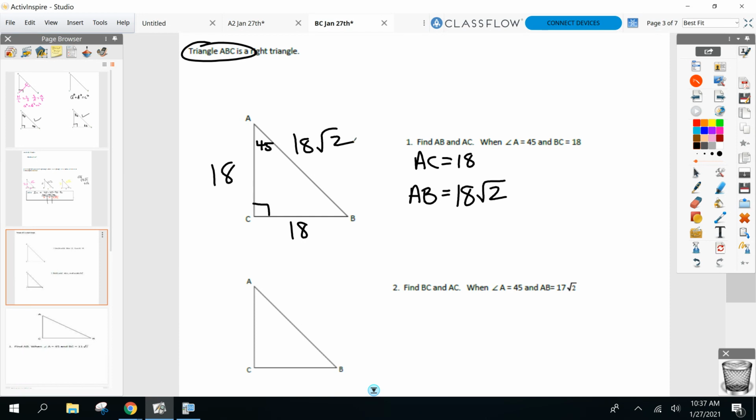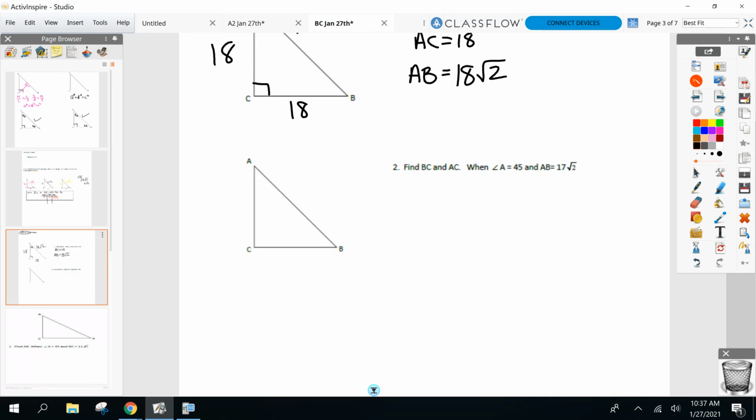All good? Any questions? All right, let me change it up on you now. Let me give you a different piece of the triangle. Same triangle, angle A still 45. Now I'm going to give you the hypotenuse. It's 17 radical 2. I gave you the hypotenuse.